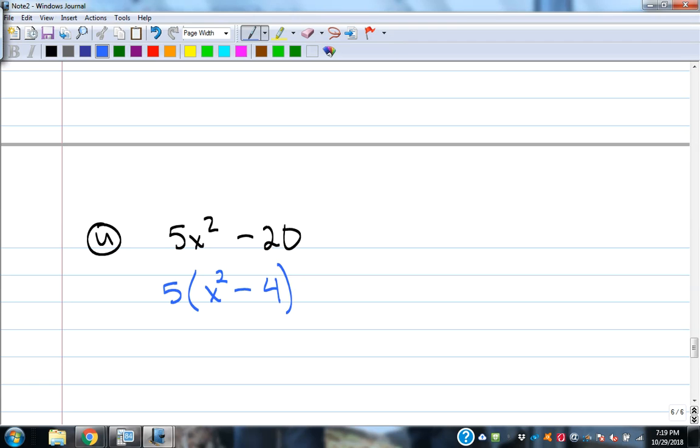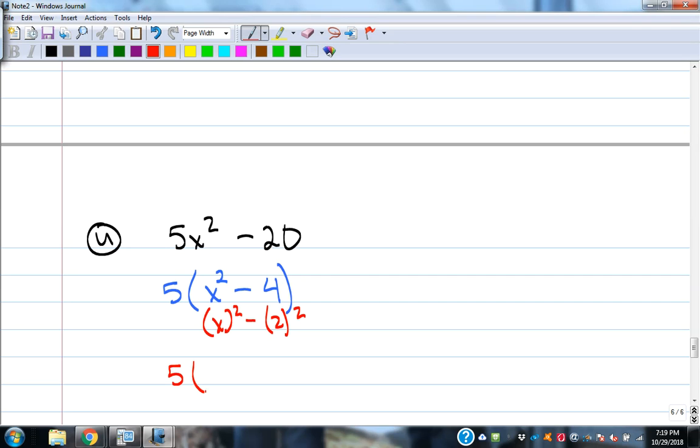Okay. Now, once you've done that, we were kind of learning our way through factoring. We were done after that. Well, we've got to keep looking at it. Will x squared minus 4 factor any further? And if so, how? So x squared minus 4 is a difference of squares, right? So it's x squared minus 2 squared.